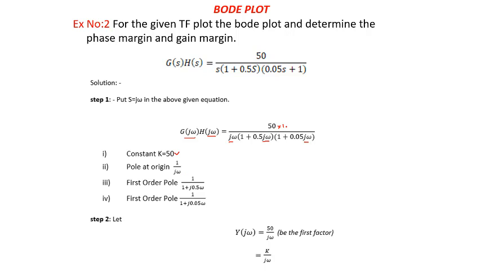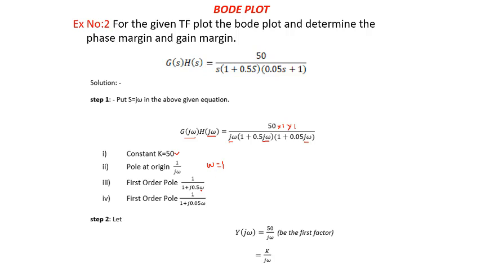Next we have the first order pole, that is 1 divided by 1 plus j0.5ω. Next another first order pole at a different location, 1 divided by 1 plus j0.05ω. Here we can equate 0.5ω equal to 1.